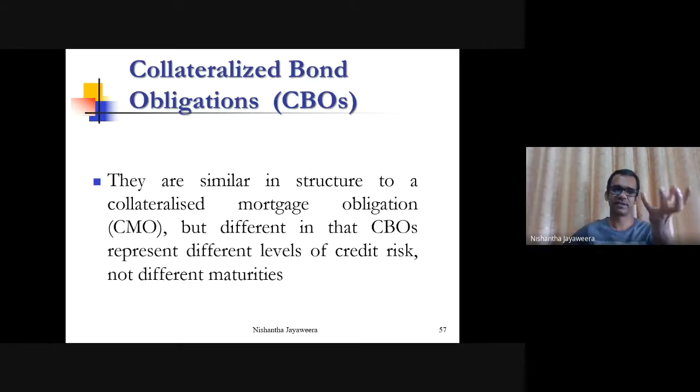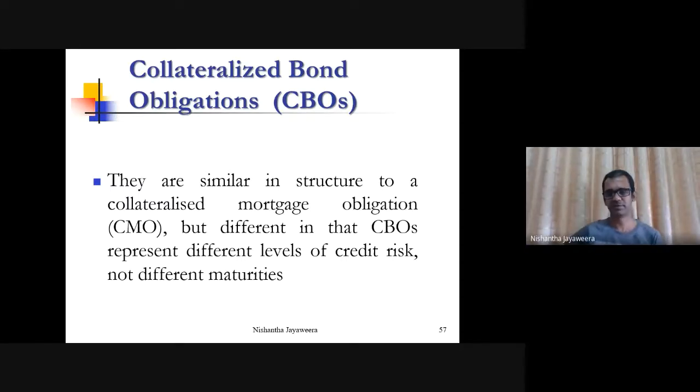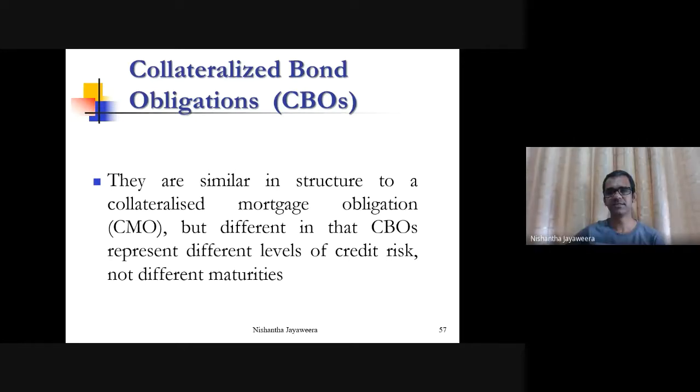Then the chance of the senior tranche getting the cash flow is high. Even if, say, 10% of the borrowers defaulted, there's a guarantee that the senior tranche will get their payment. So that tranche can be rated at a higher level, while the loss is absorbed through the equity tranche. That's the concept behind it.